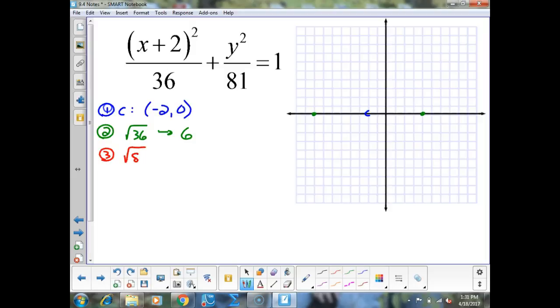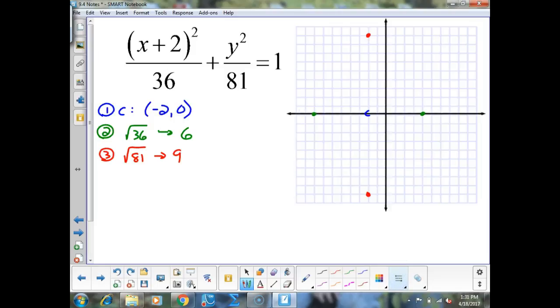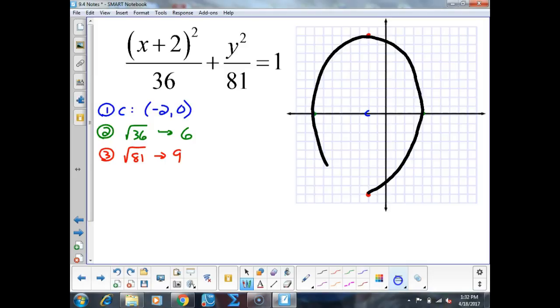Square root of 81. 9. Draw it in. Better than the last classes, but that's okay.